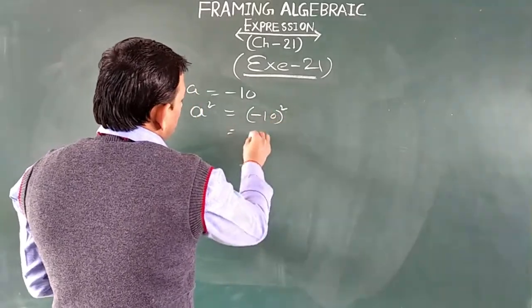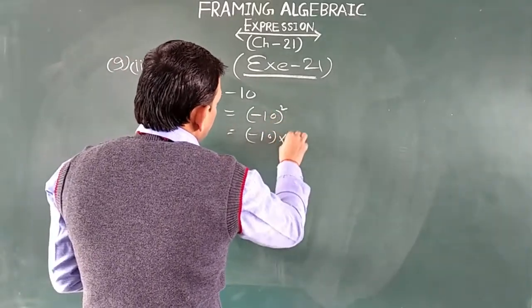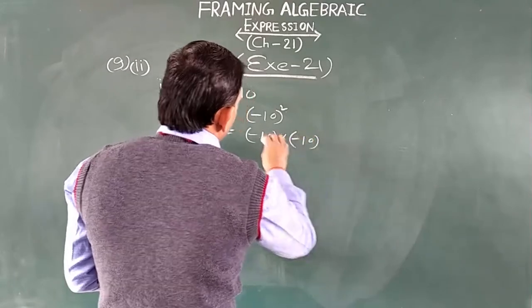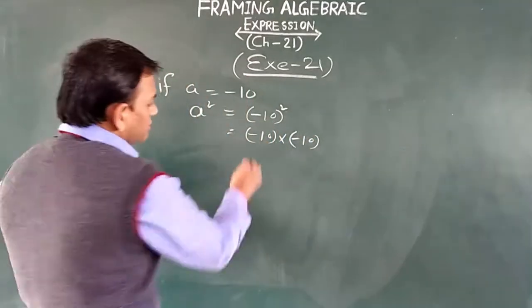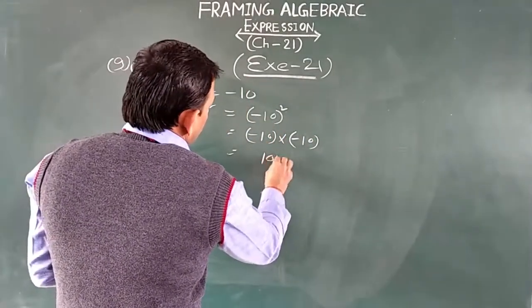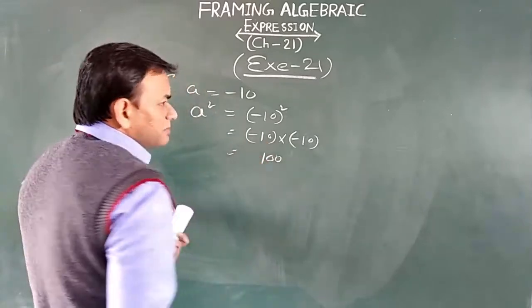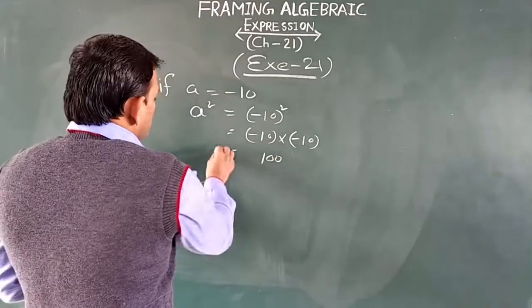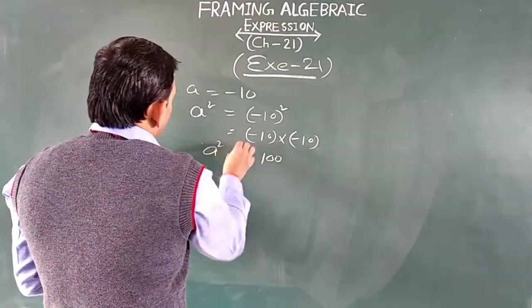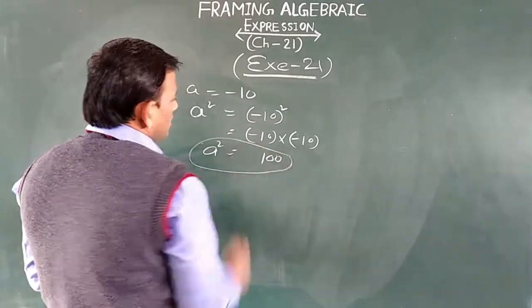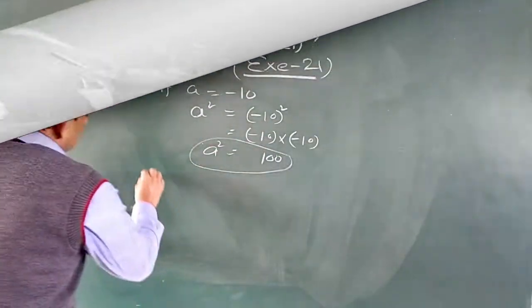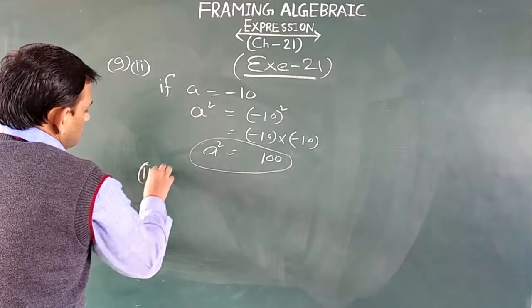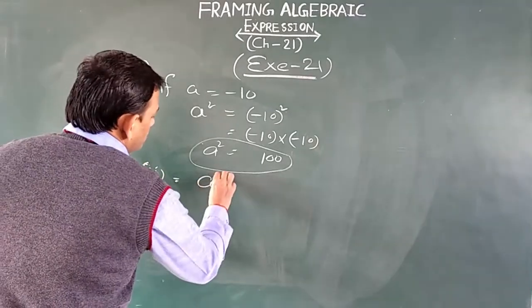Minus 10 square means minus 10 into minus 10. We have to multiply the same number by itself. 10 into 10, 100, and minus into minus plus, and plus is never written. So the value of a square is 100. Got it?